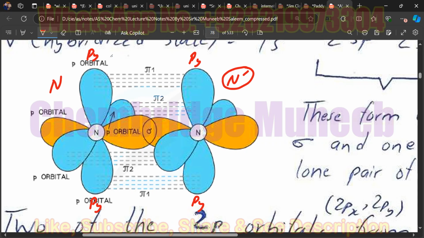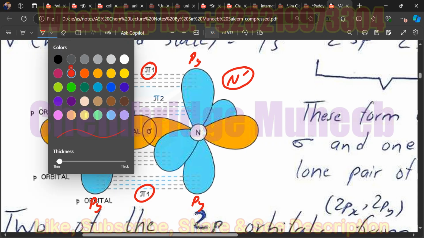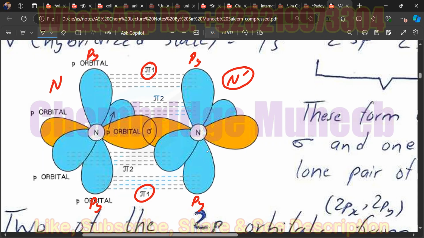Now the py orbitals are creating pi bond 1. Pi 1 means it is a pi bond between the py orbitals. The other half filled orbital in the nitrogen is pz.